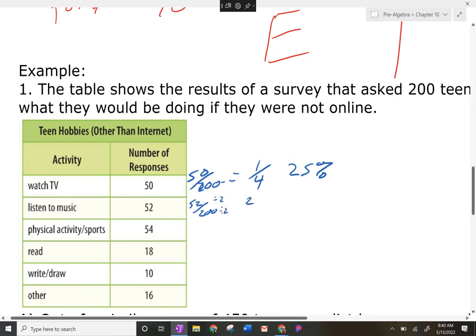So I get 26 over 100, and I can simplify it again to 13 over 50. But this one simplifies down to 26%.